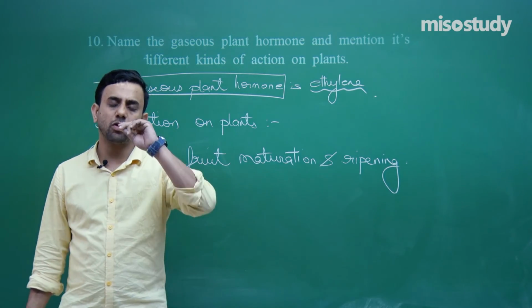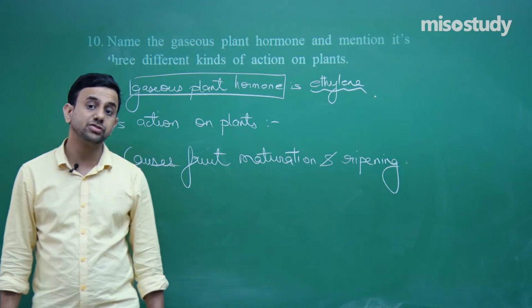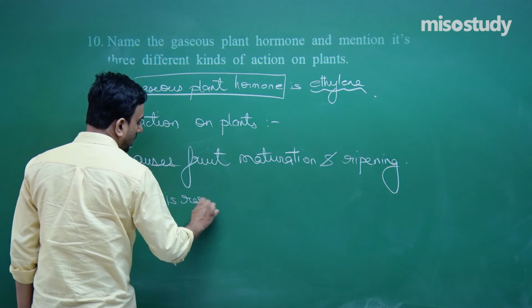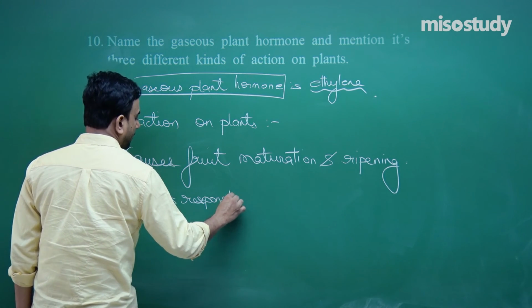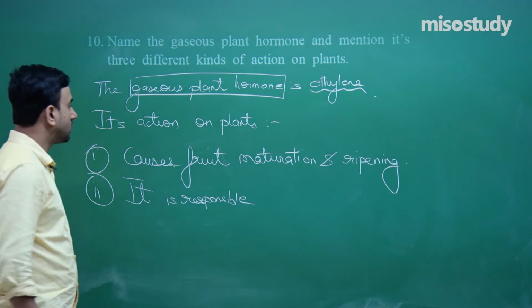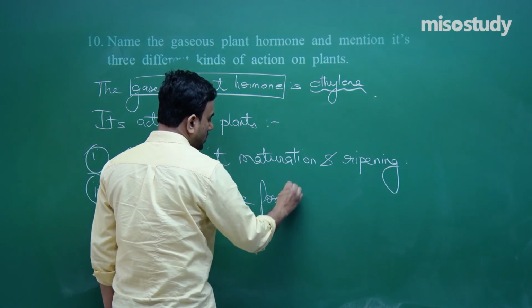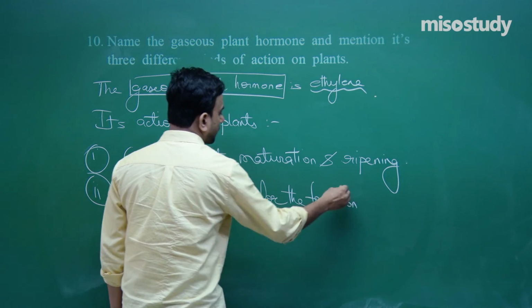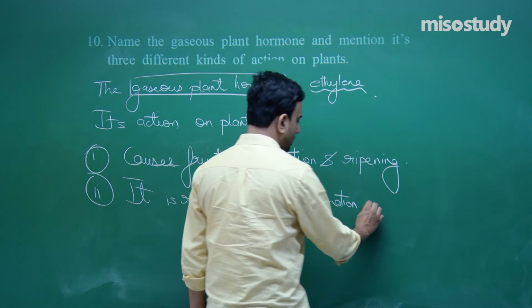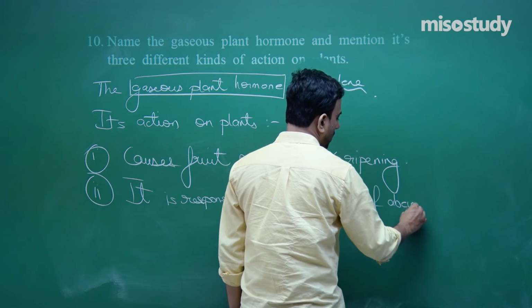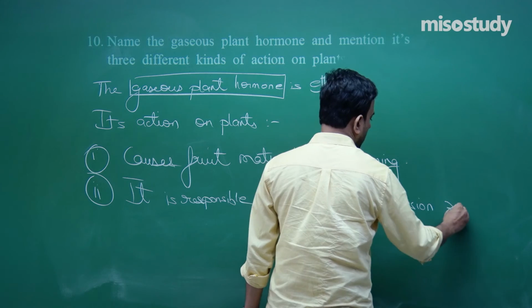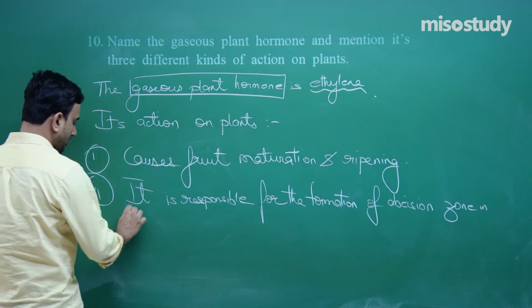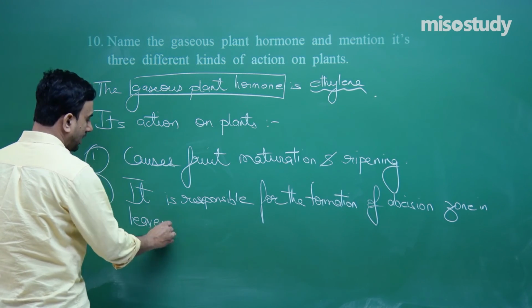The second one, it is responsible for the formation of abscission zone in leaves.